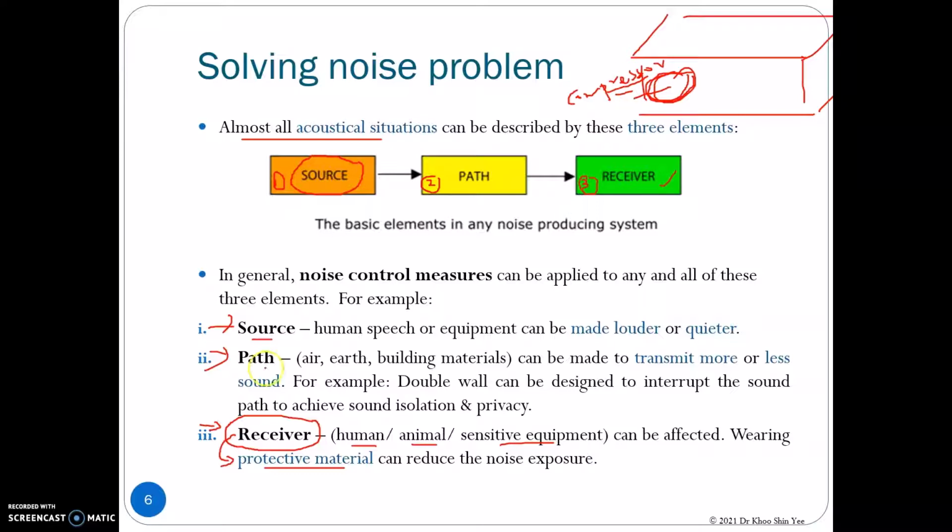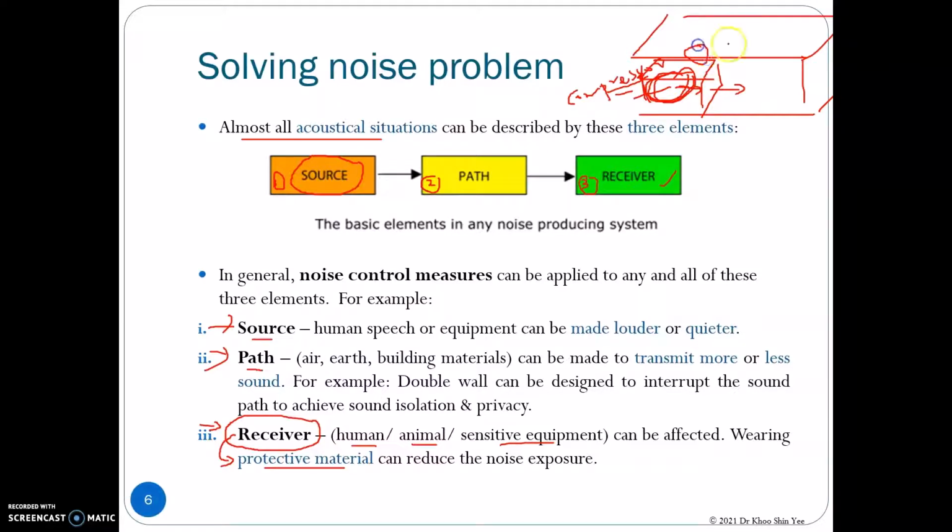Then we continue to look at the possibility of controlling the noise through the path. You might consider sealing the compressor with some sound absorption material so that the noise from the compressor is transmitted less to the outside of the casing.